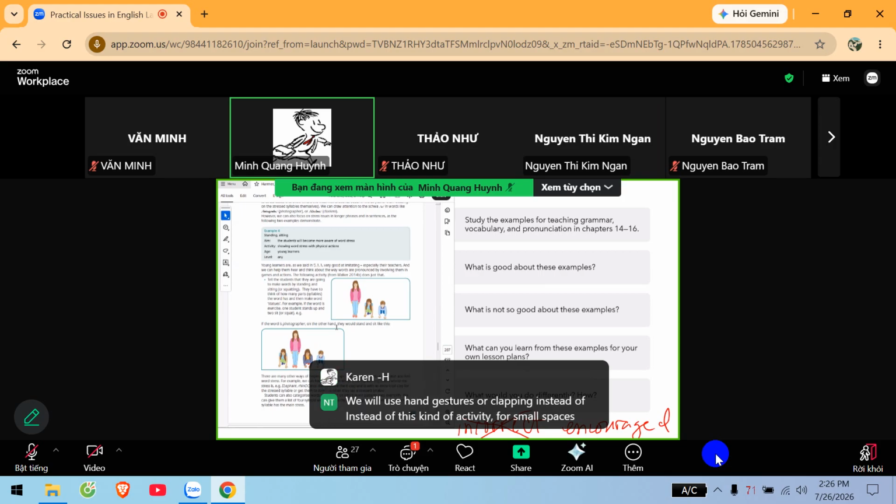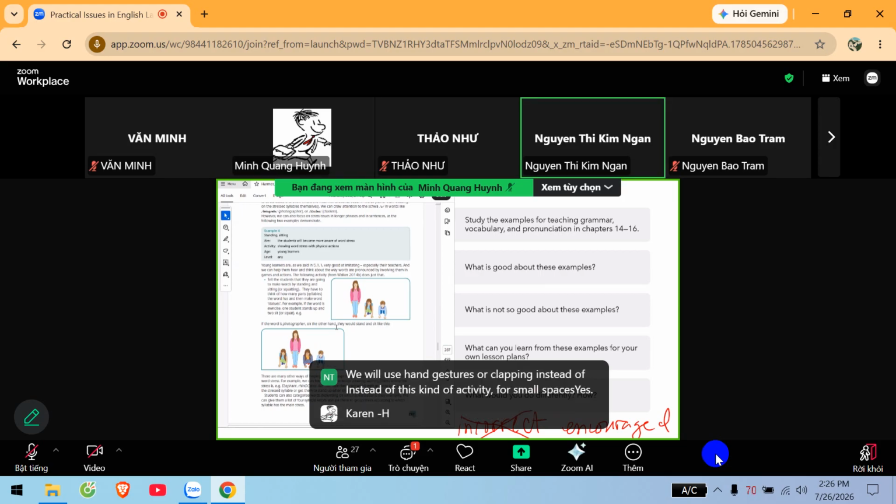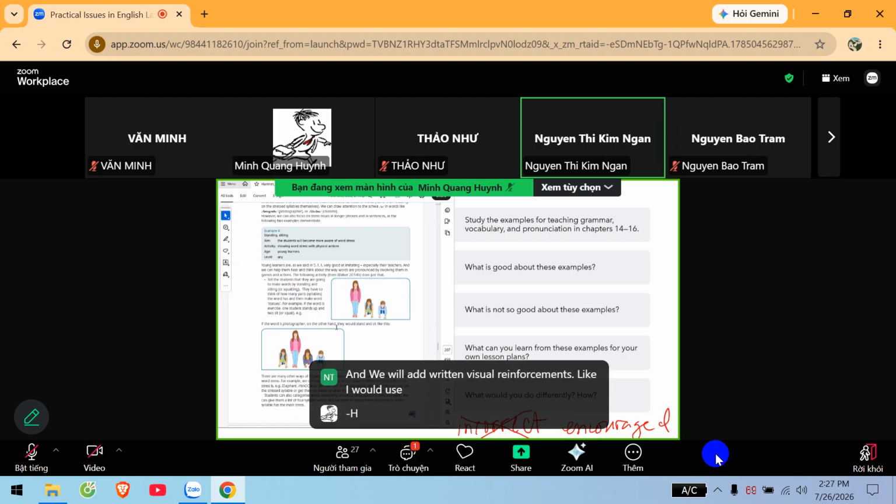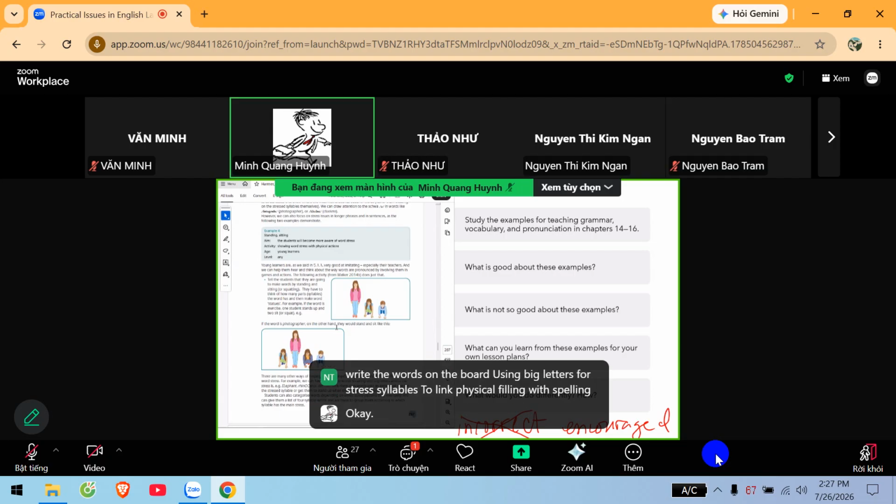Yes, and we will add written visual reinforcements. Like I would write the words on the board using big letters for stress syllables to link physical feeling with spelling. So it will be easy for the learners to follow.